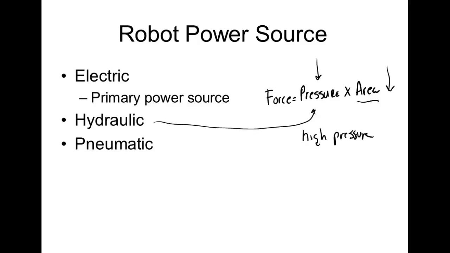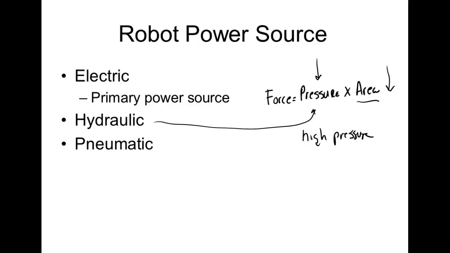The biggest pressure I ever dealt with out of UST for pneumatics was 200 psi. That was the maximum pressure. Up at Bridgestone though, they run a high pressure of 600 psi. I'd never seen that before. So if it's 600 psi, then that means I could generate 600 pounds of force pushing against 1 square inch of area.